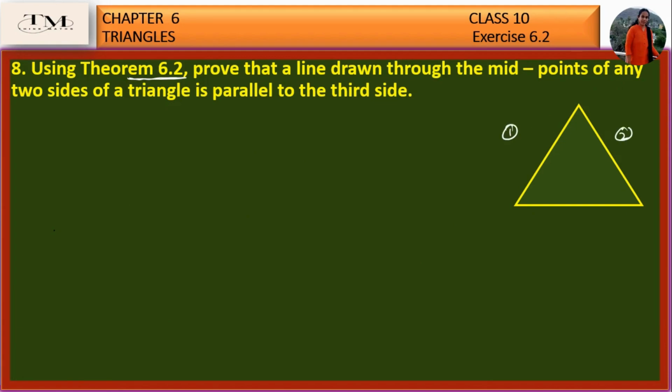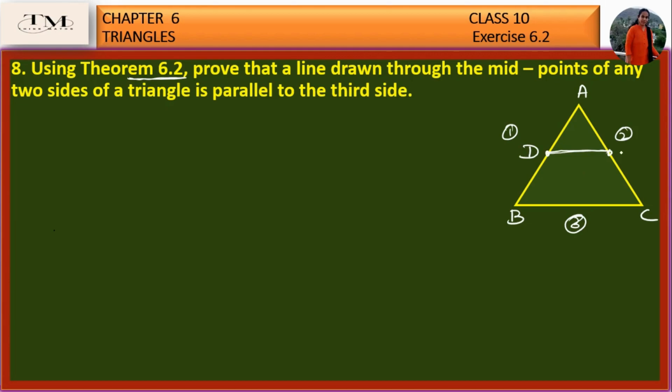So this is triangle ABC. Let us take the sides AB and AC. What we have to prove is that the line is parallel to the third side BC.